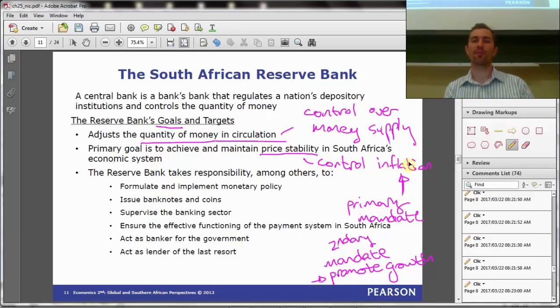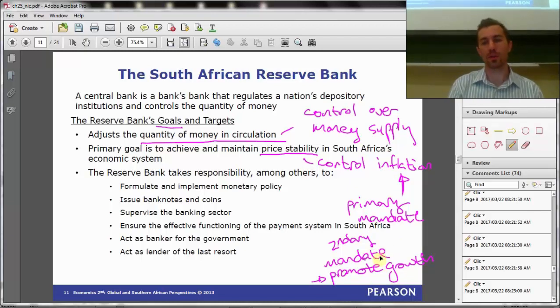Then if inflation is under control and we're happy with that, then the question is, is the economy in a recession, for example? If the economy is in a recession, then the Reserve Bank has a mandate to try and get us out of a recession. In other words, promote growth. Okay? So first, control inflation. Then, if inflation is under control, do what you can to help growth.